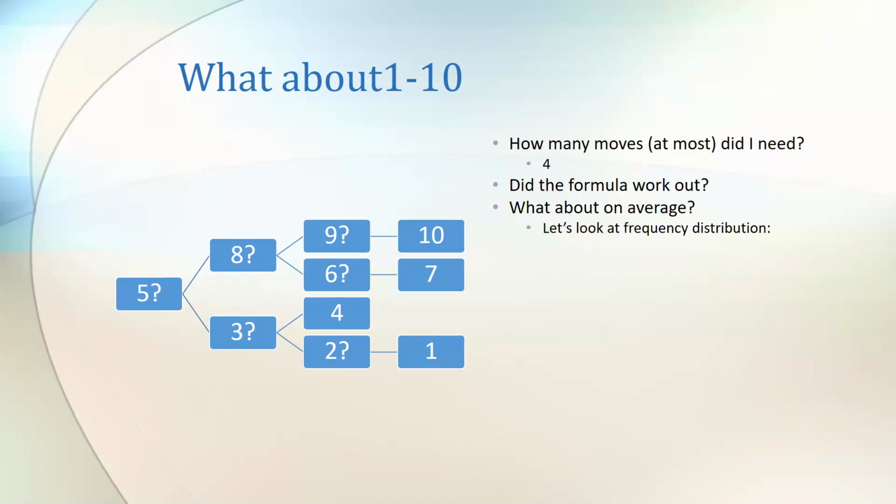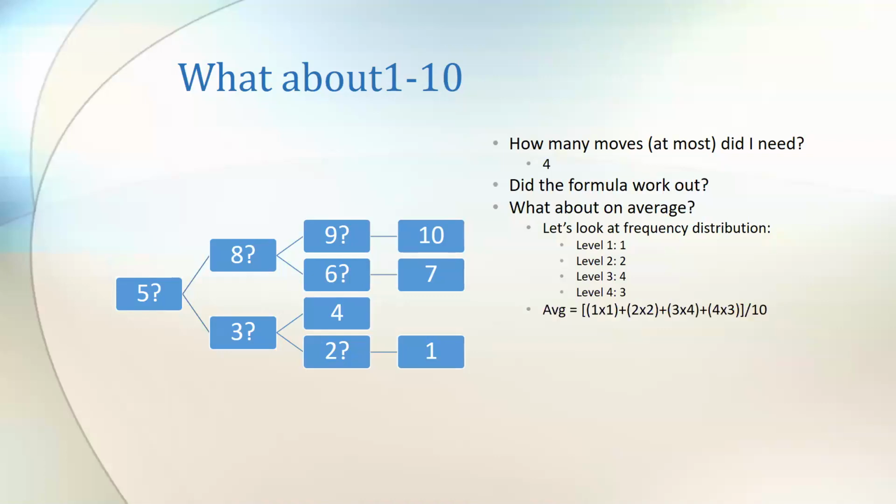The way they actually do this in these kind of competitions is they do a frequency distribution with some probability. If I just add it up, in level 1 I have 1 node, level 2 I have 2 nodes, level 3 I have 4, level 4 I have 3 nodes.